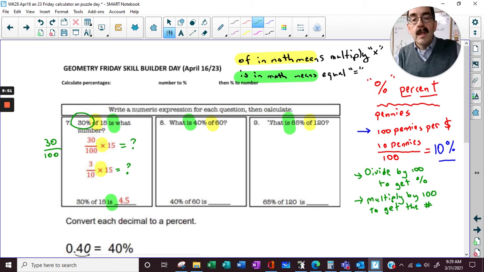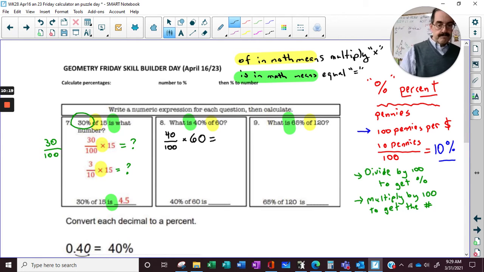So, 40% of 60. 40 of 100 pennies is 40% times 60. Okay? Now, you just grab a calculator and do it.